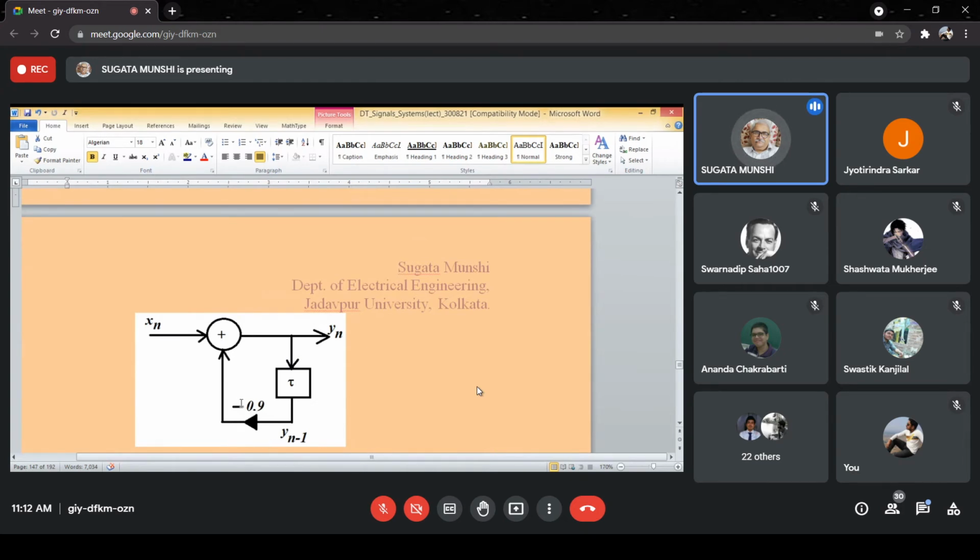When you multiply two b plus 1 bit values, how many bits are there in the product? 2b plus 1 bits. Now, if you have to add this 2b plus 1 bit number to a b plus 1 bit number, this 2b plus 1 bit number is to be quantized. It is to be rounded off to a b plus 1 bit number.